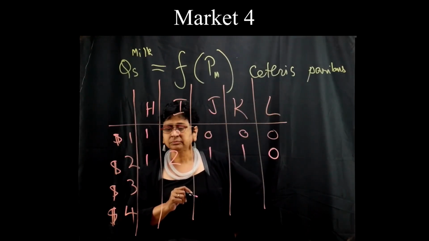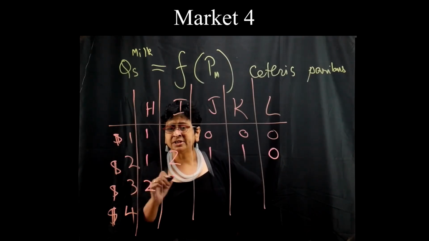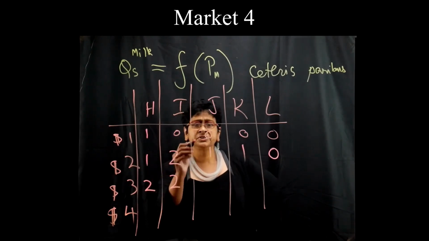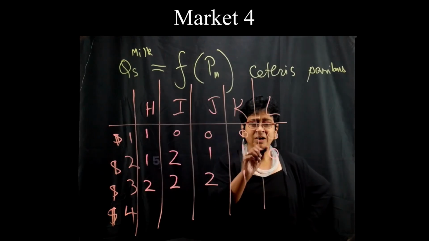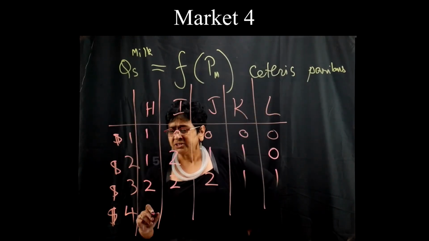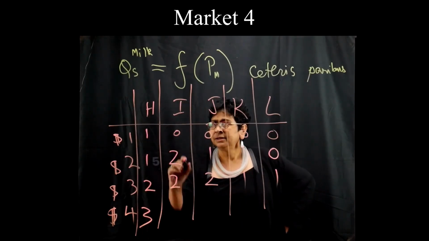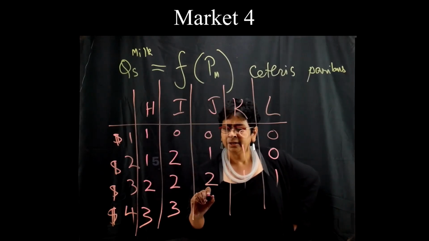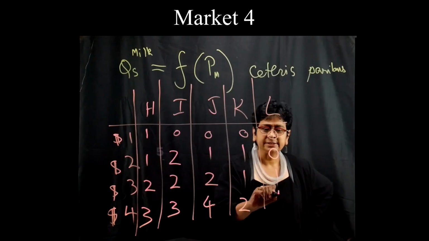And then when the price is 3, H decides to sell 2 units of milk, I sells 2 units of milk, J sells 2, K still sells 1, and L sells 1. Price is 4, let's say that H sells 3, I sells 3, J goes all the way up to 4, K goes to 2, L is still at 1.